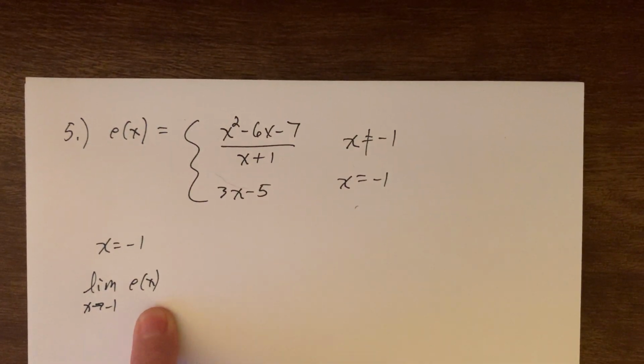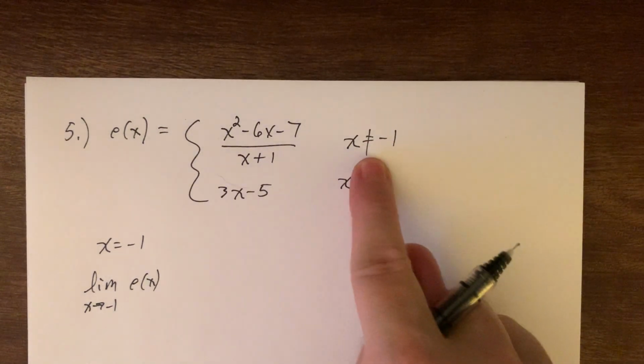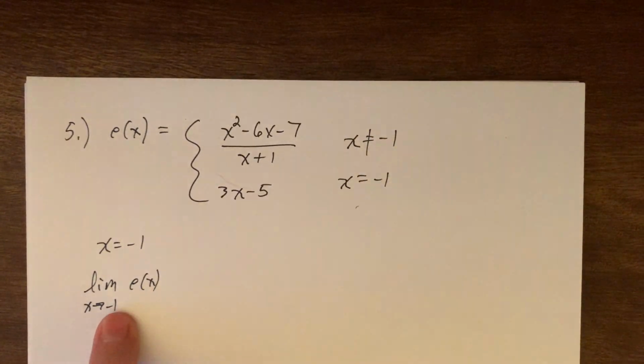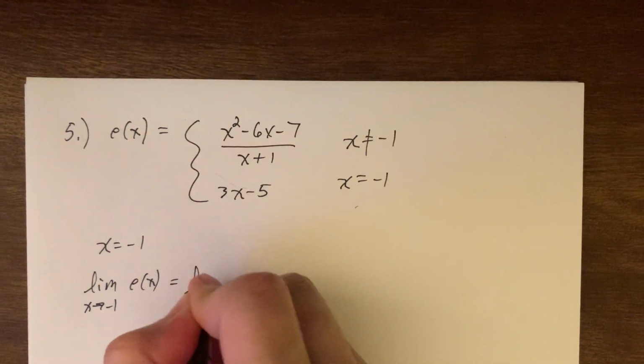Left or right, approach -1 from the left, -1.2, -1.1, does not equal -1. Approach -1 from the right, -0.8, -0.9, does not equal -1. So I don't need the separate breakdown.